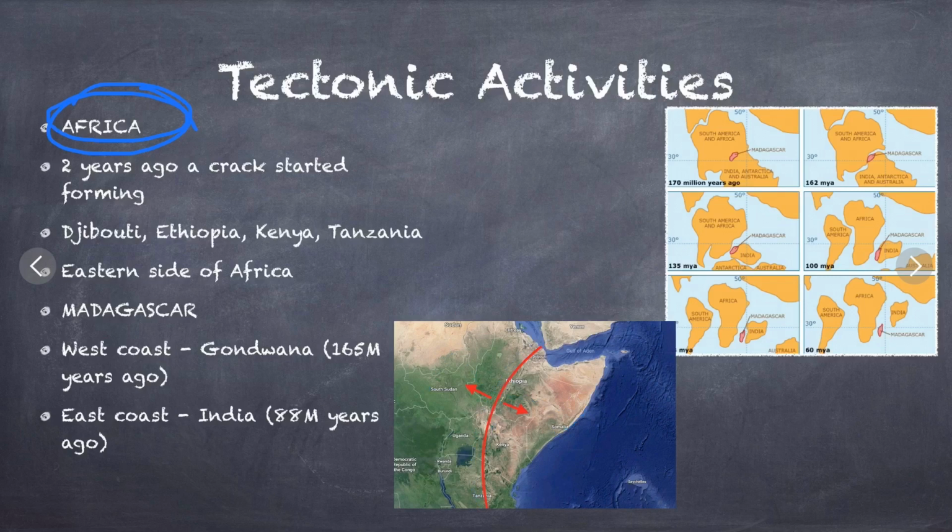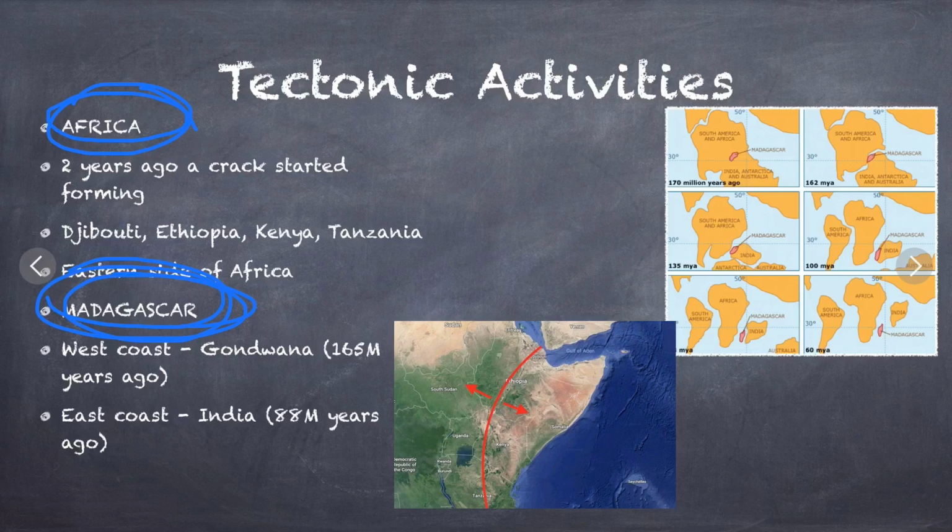And one more very important thing is Madagascar. Madagascar was also earlier a part of Gondwana, that was 165 million years ago, and its west coast was in Gondwana, which is a part of Africa, and the east coast was formed 88 million years ago when it broke away from India.